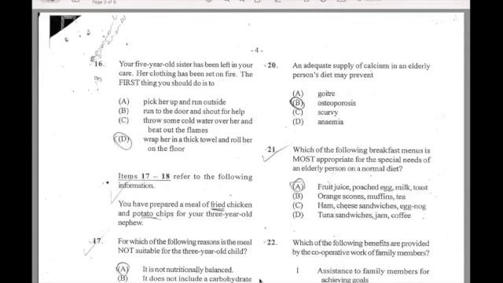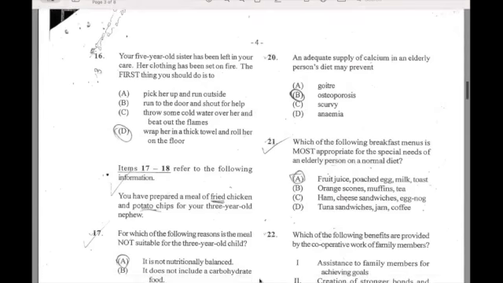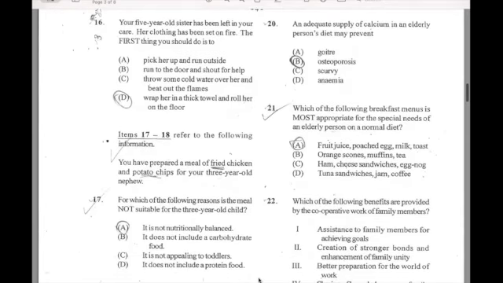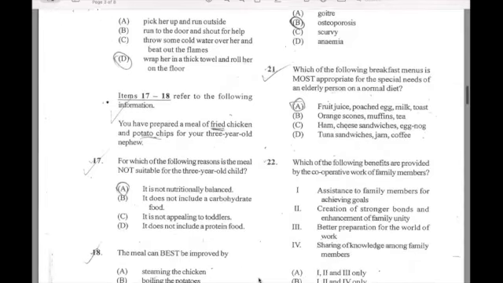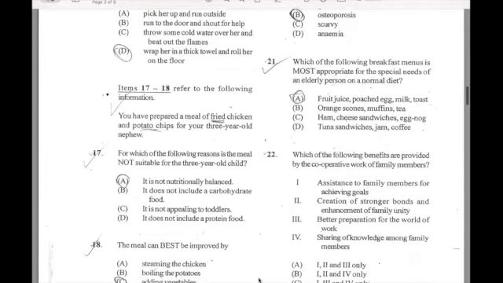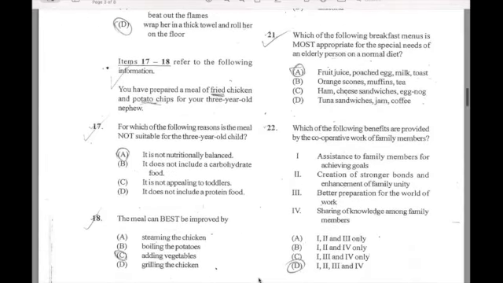Which of the following breakfast menus is most suitable for the special needs of an elderly person on a normal diet? Fruit juice, poached egg, milk, and toast. So your answer should be A. Which of the following benefits are provided by the cooperative work of family members?